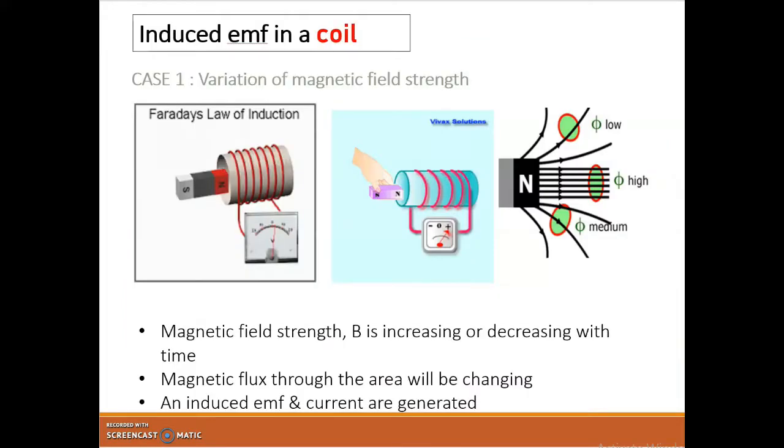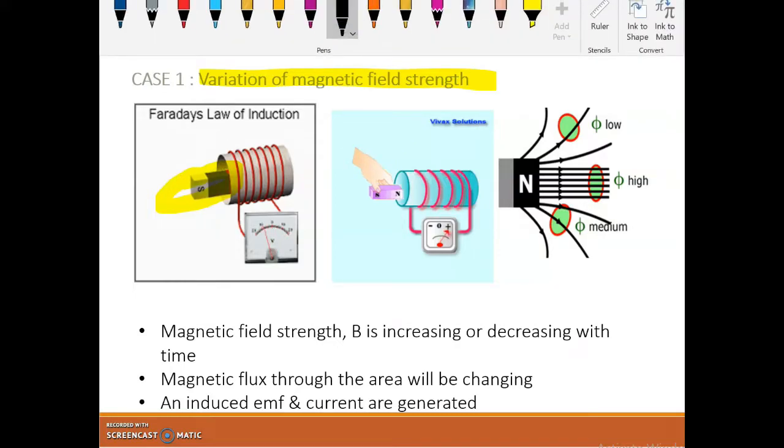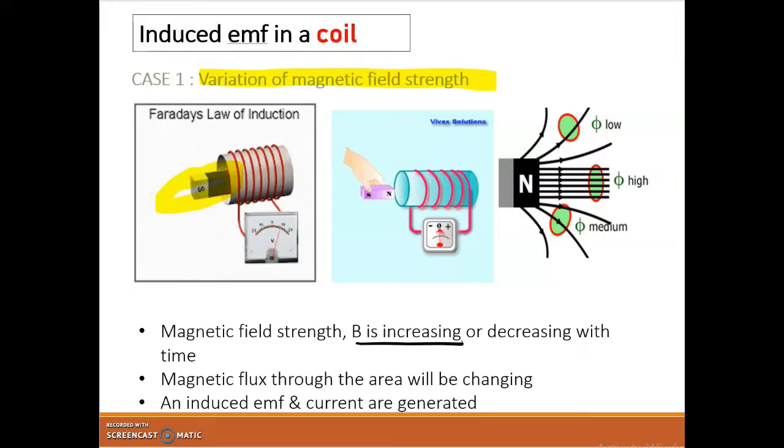Okay, let's learn the induced EMF in a coil. We have two cases. The first one is the variation of magnetic field strength. When there is relative motion between the coil and the permanent magnet bar, the magnetic flux will be changing, increasing or decreasing with time.